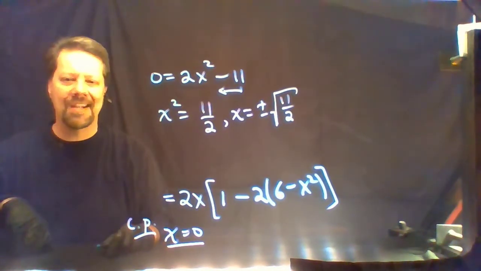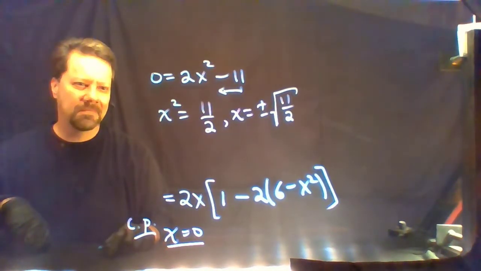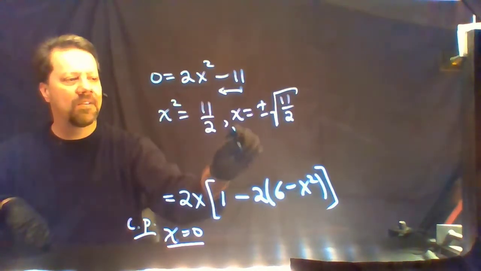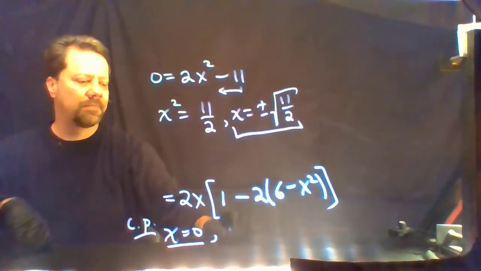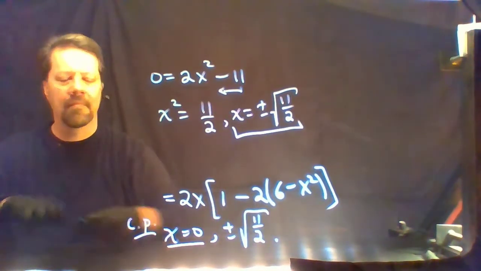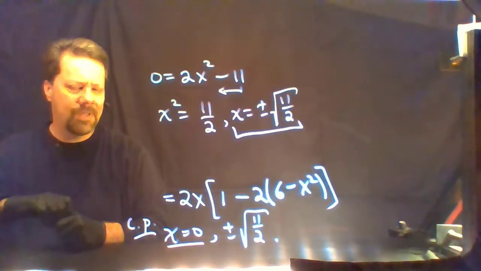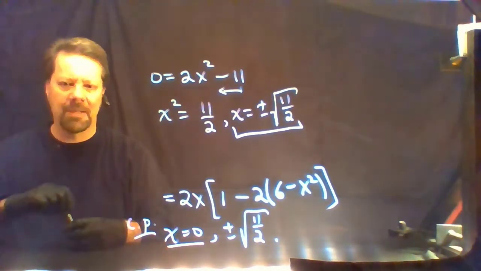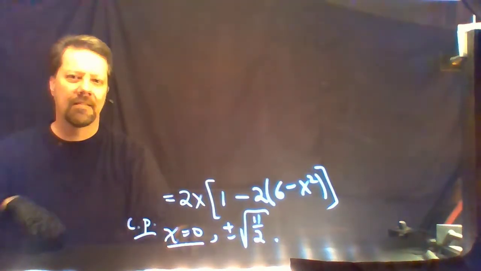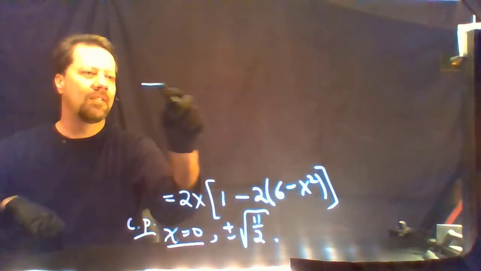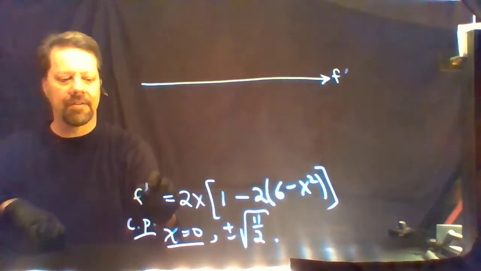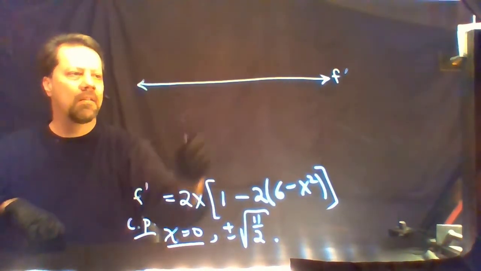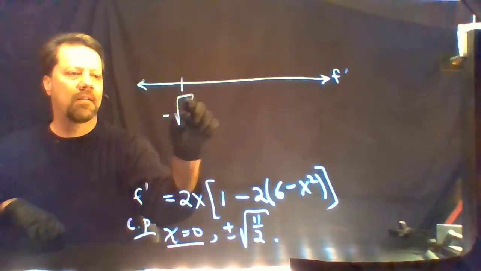Let's not worry about rationalizing the denominator here. This gives us 2 more critical points. Now, which of these gives us a maximum, if any? To find out, remember this was our derivative, we'll plot our critical points.